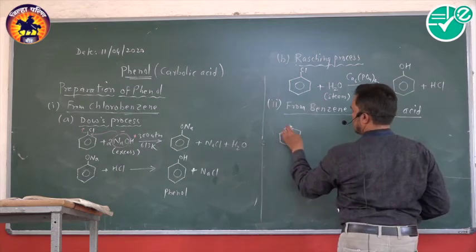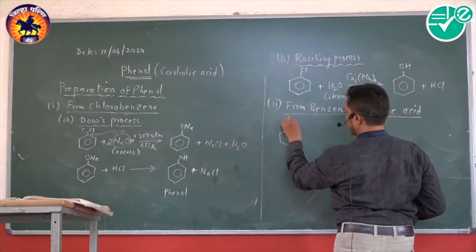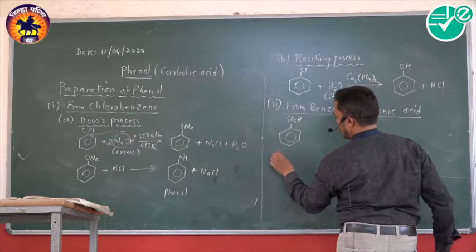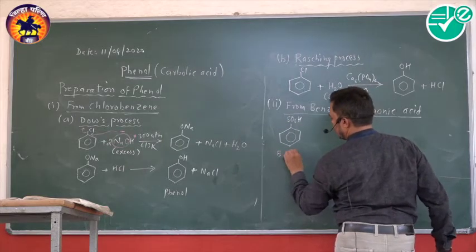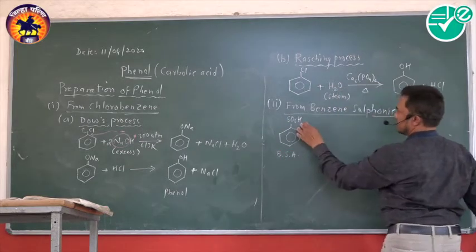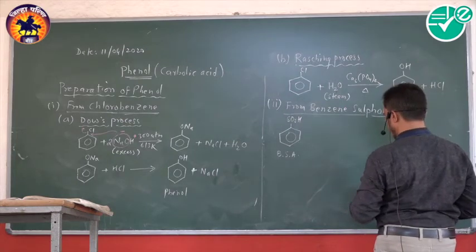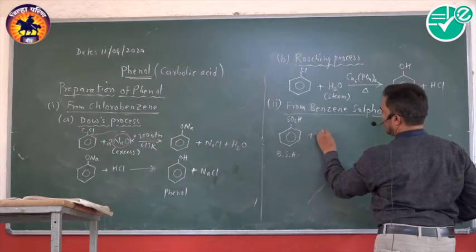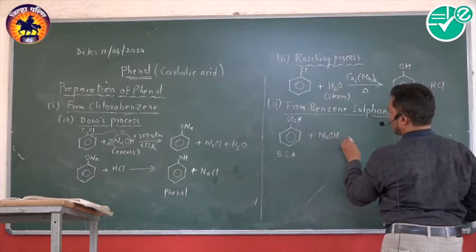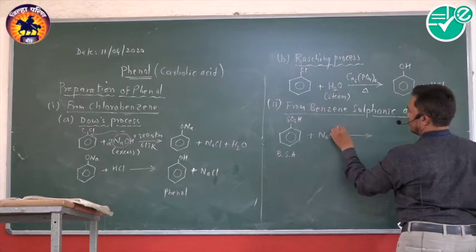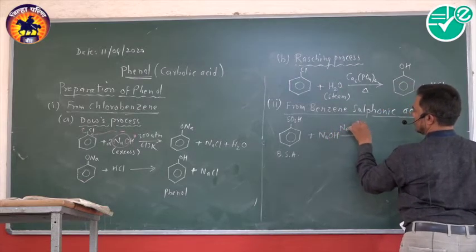So SO3H is called benzene sulfonic acid. This is the sulfonic group. Now this reacts with the alkali, that is sodium hydroxide. It undergoes a neutralization reaction.